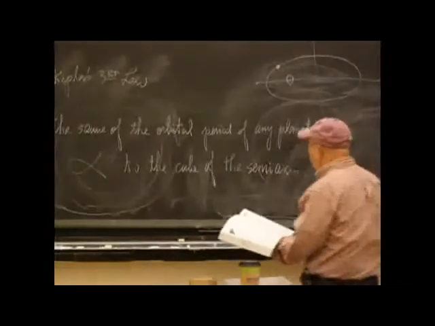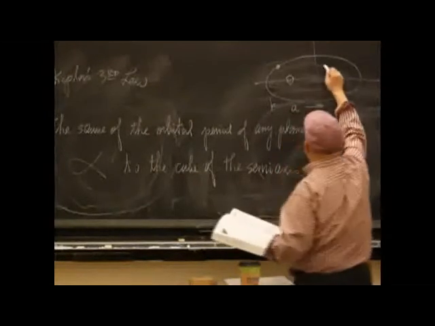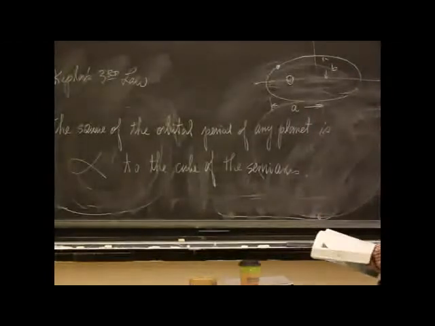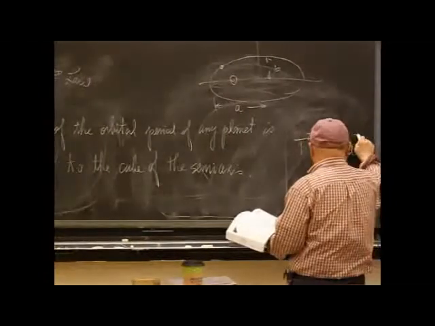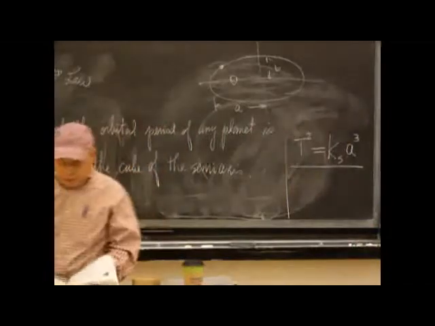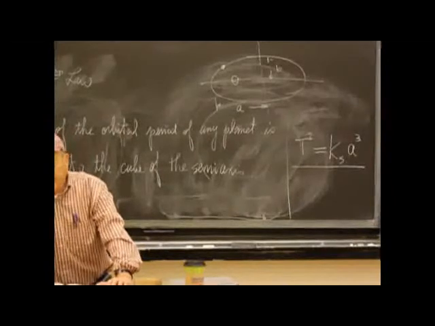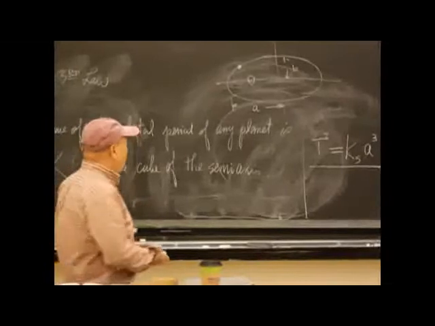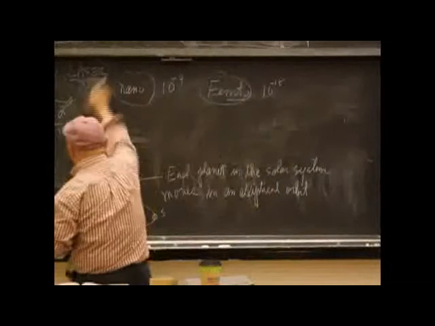Suppose this is the long semi-axis A, and this is the short semi-axis B. What he's saying is that T squared is proportional to A cubed. That is Kepler's third law, and it can be proved very easily using the gravitation law.